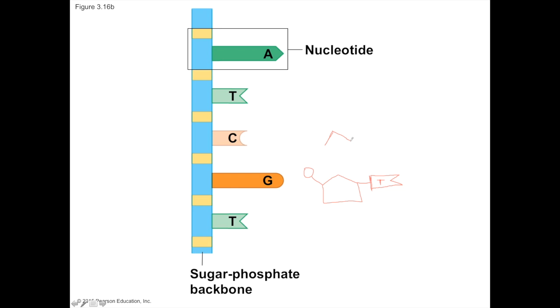Let's put another one up here. You form a bond here. And then there's one up here. There's a bond that forms here. And so forth and so on. This is that sugar phosphate backbone that they're talking about. That's what's represented here.